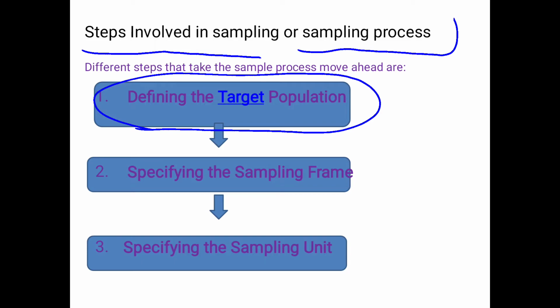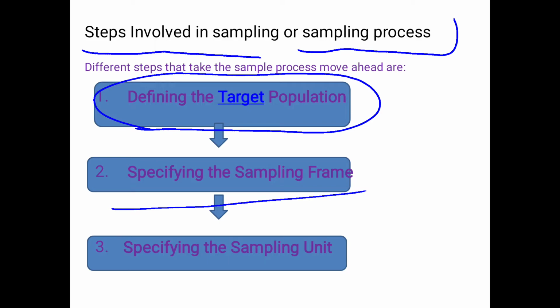After defining the target population, the second step is specifying the sampling frame. The sampling frame is a group of individuals or objects from which the researcher will draw his or her sample.